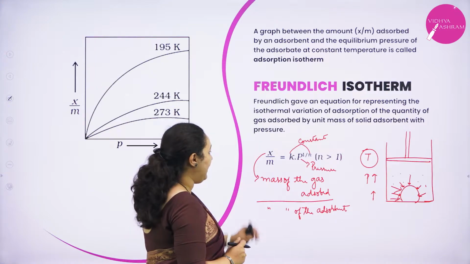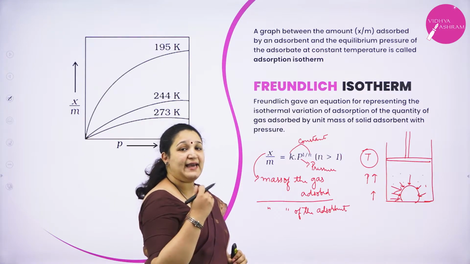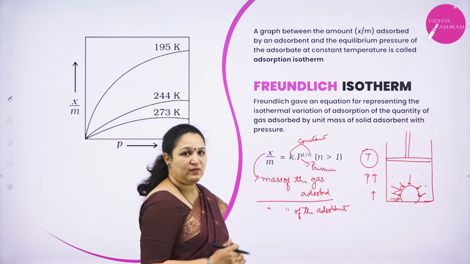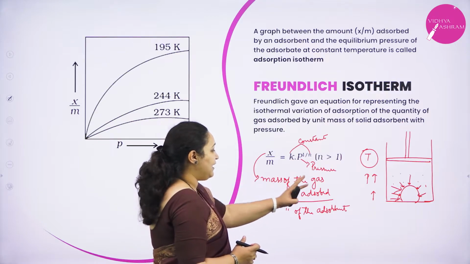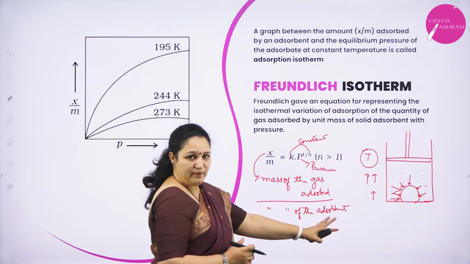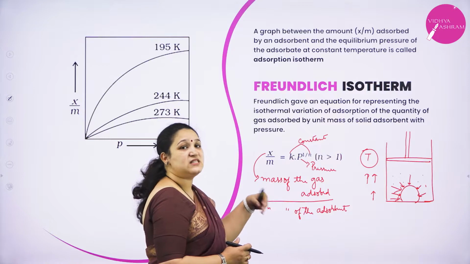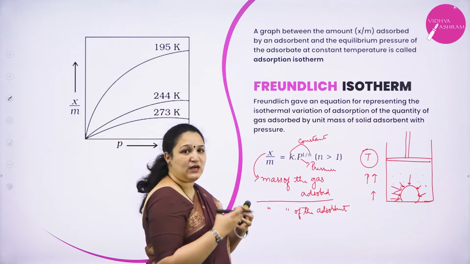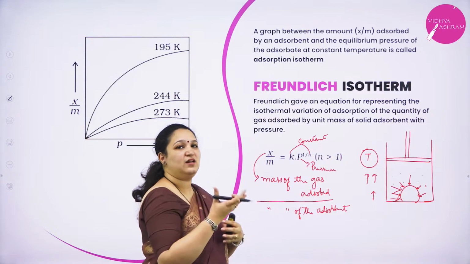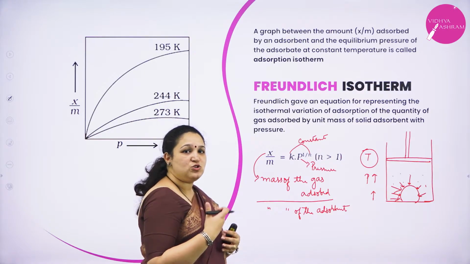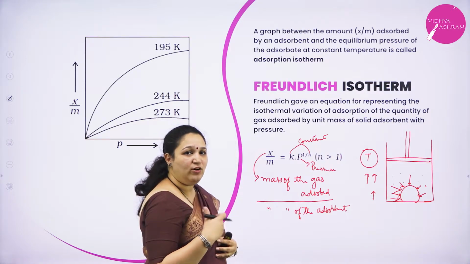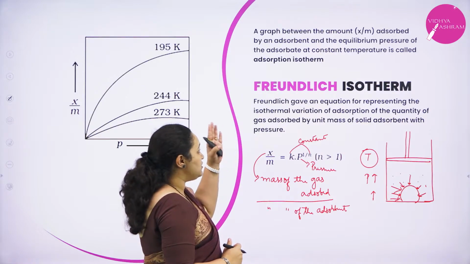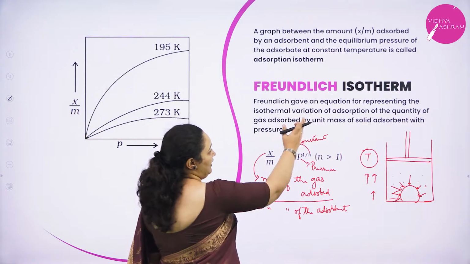Now here you can see he has given the variation. This x by m is also called the extent of adsorption. That is, the mass of the gas adsorbed by mass of the adsorbent is called the extent of adsorption. You can understand by the value of x by m whether the adsorption is increasing or decreasing. Now if you see the definition, he gave an equation.